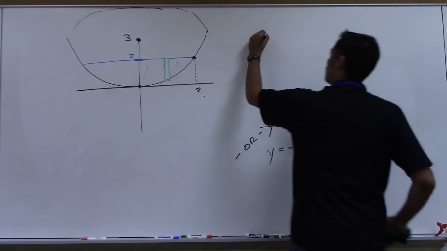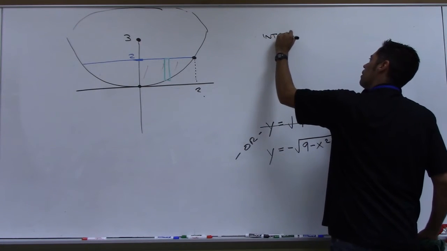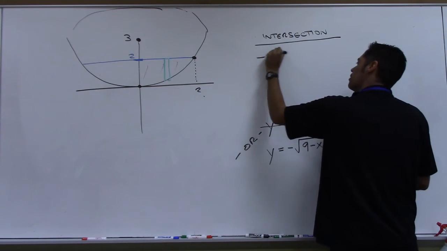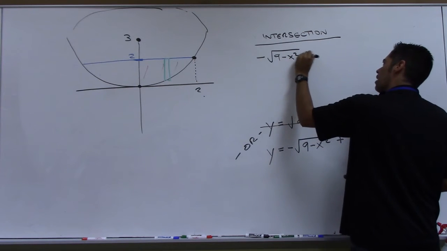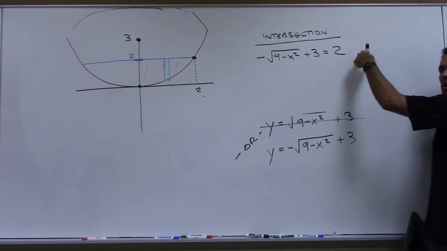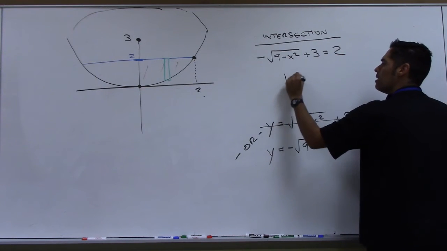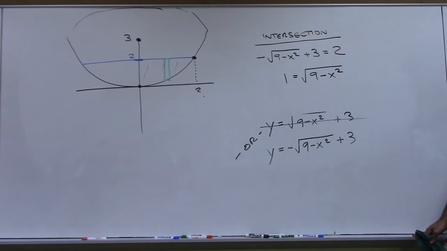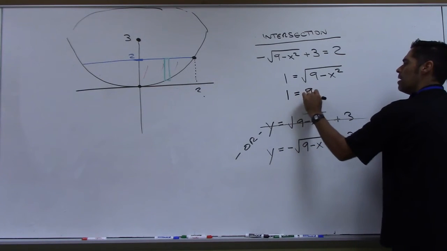So for the intersection, I need to set negative root 9 minus x squared plus 3 equal to 2. Which means I'm going to move the negative root to this side. I'm going to move the 2 to this side. So 1 equals root 9 minus x squared. You all still there? Square both sides. 1 equals 9 minus x squared.